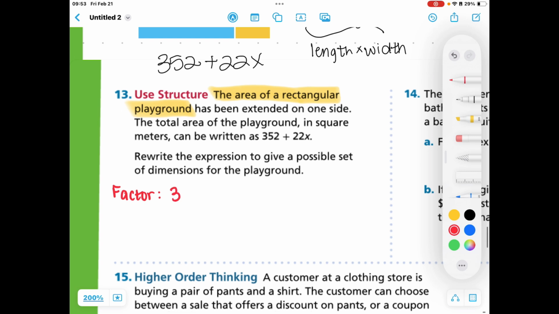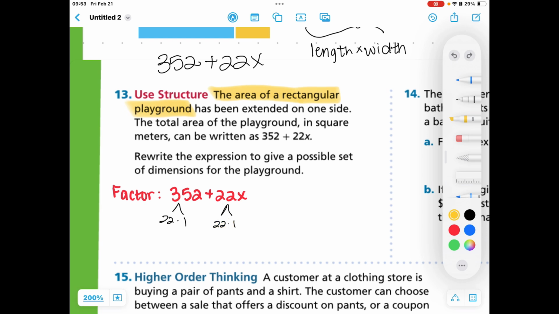So we need to factor 352 plus 22x. The very first thing I'm going to start with is probably going to be the easiest one. Let's see if 22 can go into 352. And the reason I did 22 is because it is the largest factor of 22.